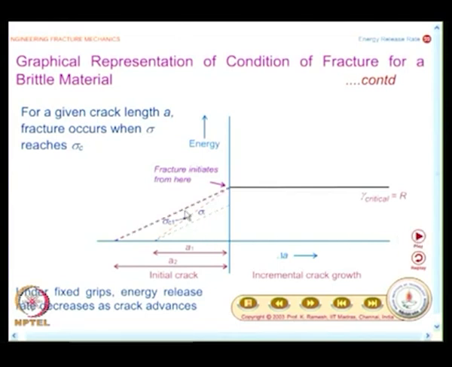What it shows is that these two graphs are parallel. This itself shows the stress levels are same, and at this stress level for a smaller crack there was no fracture.